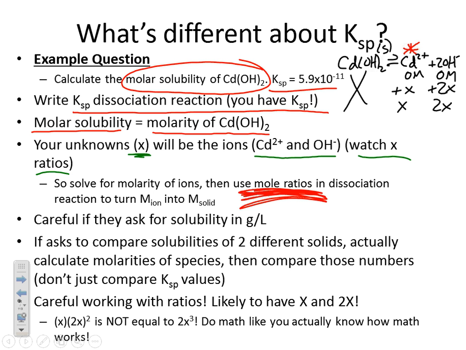If the cadmium ion is 1 times 10 to the minus 4th molar, and it's in a 1:1 ratio with the cadmium hydroxide, which is what the problem is asking about, then I can say, if the cadmium is this, then so must the cadmium hydroxide. It must be the same value because they're in a 1:1 ratio. So you turn the molarity of the ion into the molarity of the solid using mole ratios, and that's a little bit different about this type of problem.